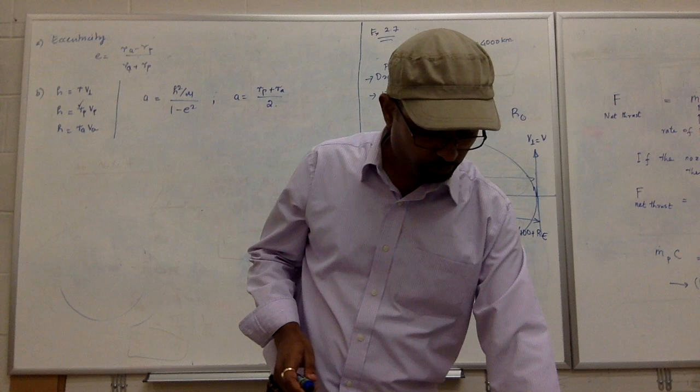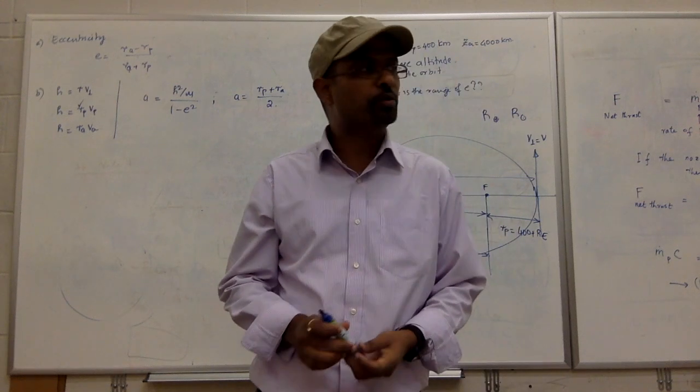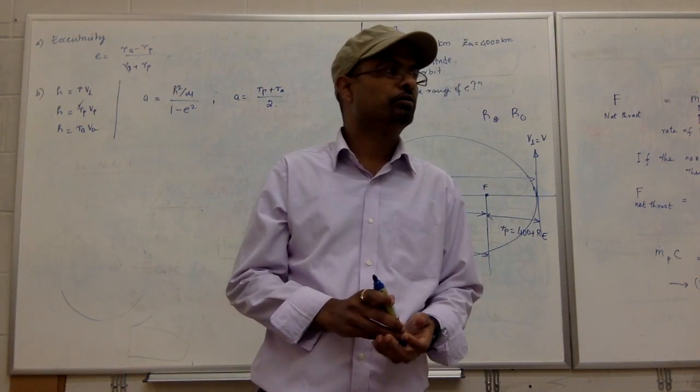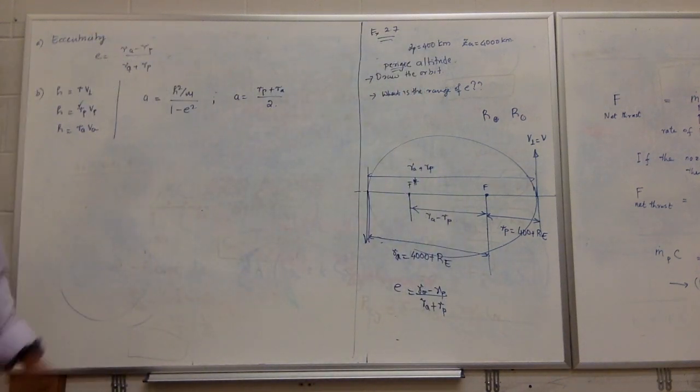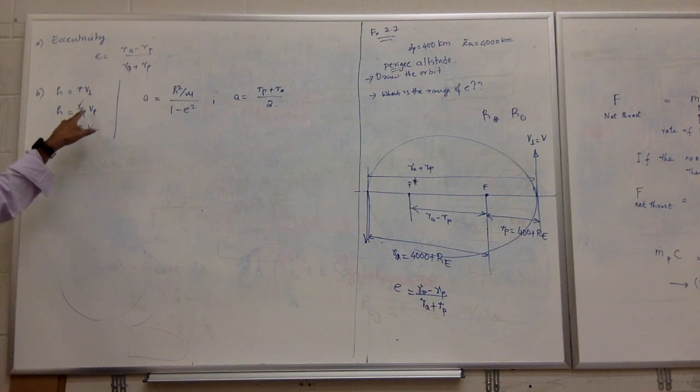Then once you get h, you get V. V is not being asked. If V is asked, you can back calculate, you can use h from here to calculate V.